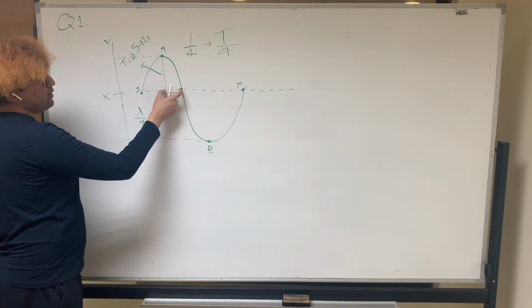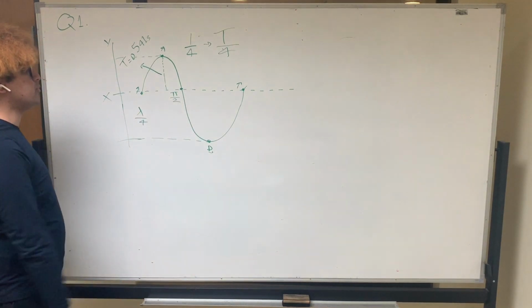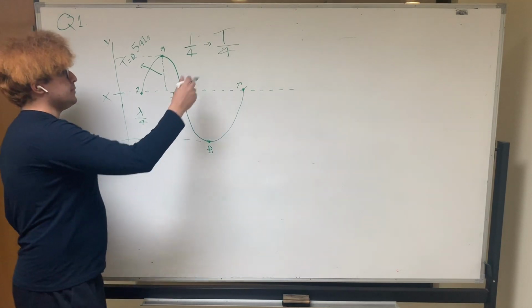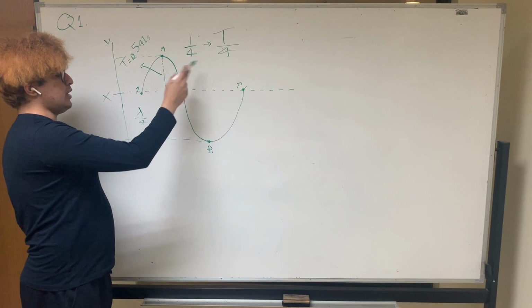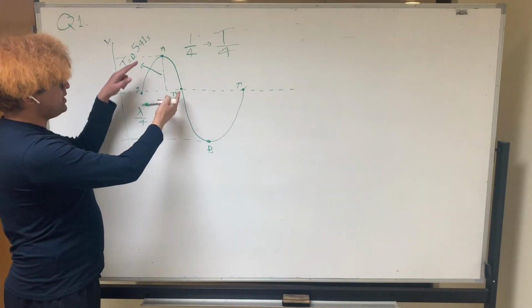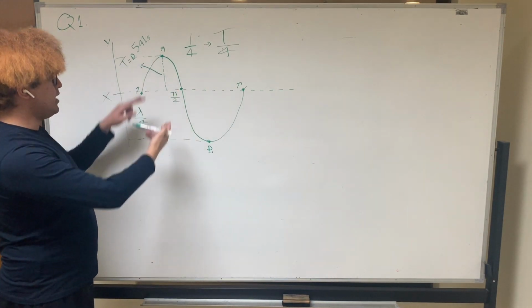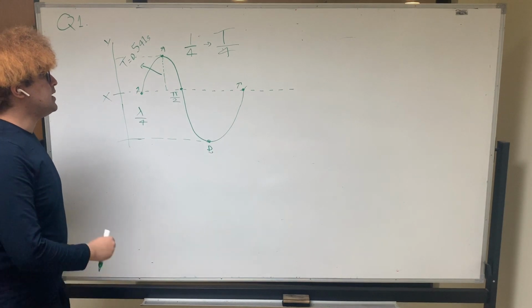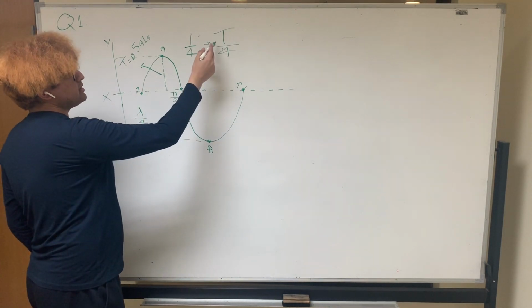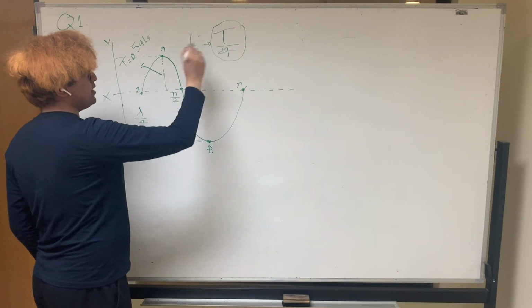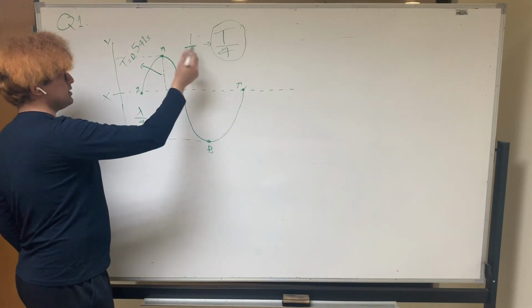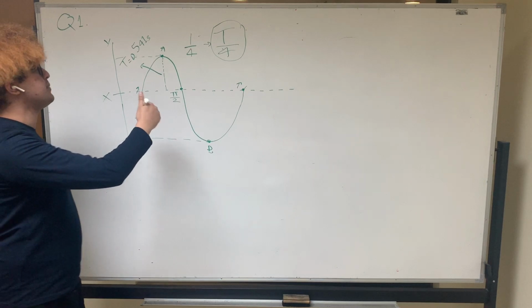This length is equivalent to lambda over 4. So if it takes 0.541 seconds to finish a fourth of the wave, then you just multiply this quantity by 4 to get the period.